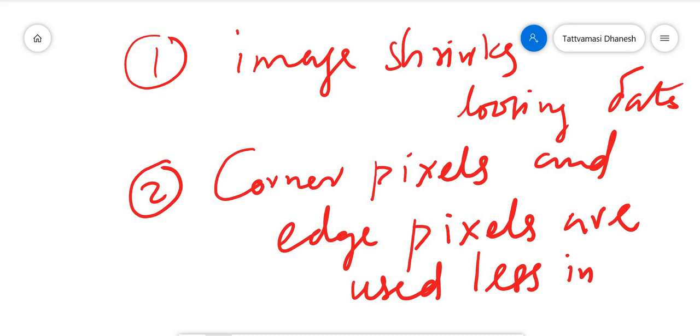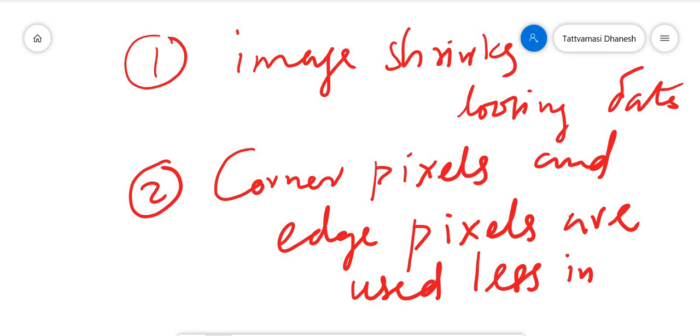The second one is that the corner pixels and the edge pixels are used less, so the accuracy of the output map we are getting won't be proper.